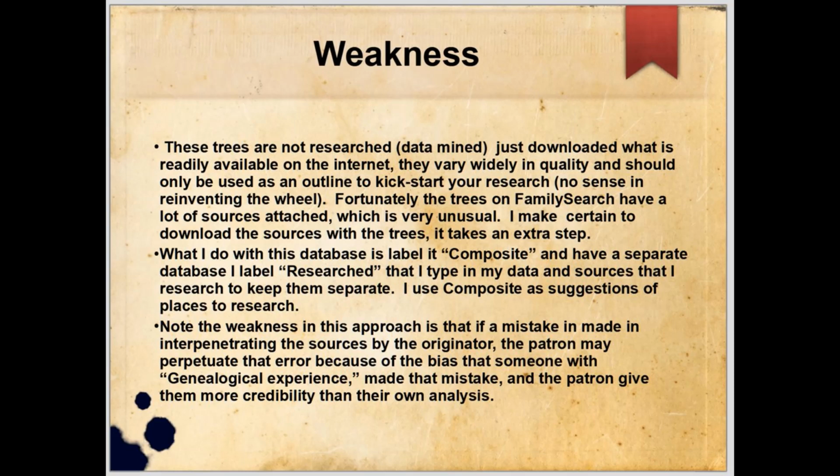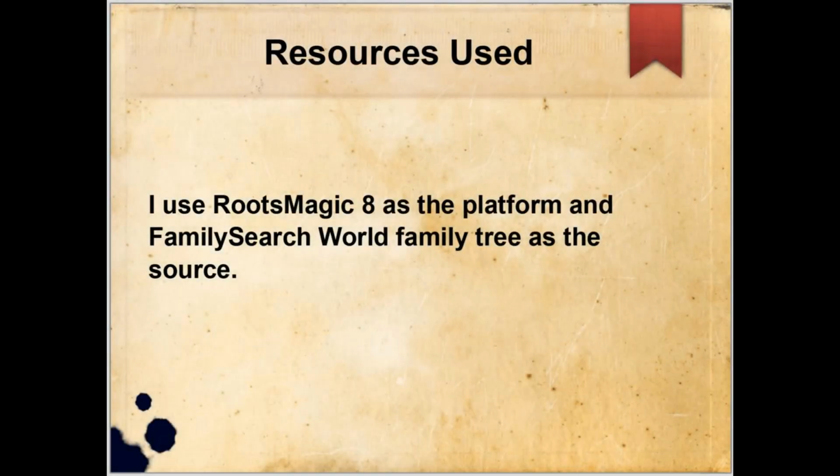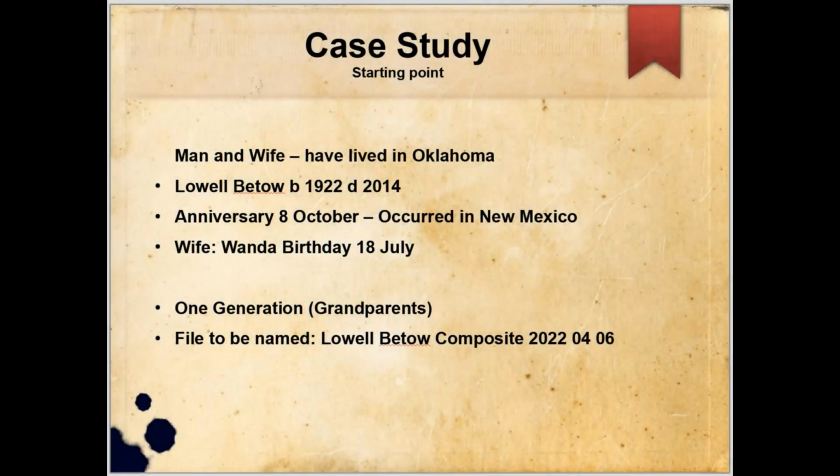The weakness in this approach is that if a mistake is made by the originator in interpreting the sources, the patron may perpetuate that error because of the bias that someone with genealogical experience made that mistake, and the patron gave them more credibility than their own analysis. I use RootsMagic 8 as the platform and FamilySearch World Family Tree as the source. Now for a case study example to show you how this works.